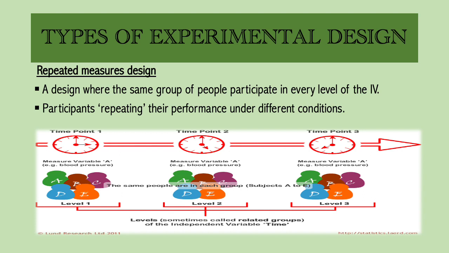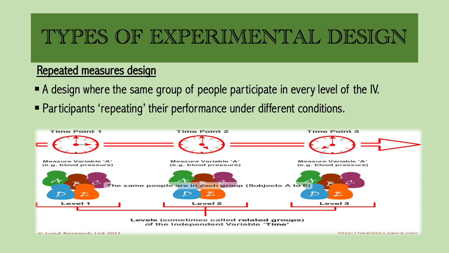Now look at the identity of the participants. Each participant is labeled with a letter: A, B, C, D, E. And if you notice, the time is different. Time point number 1 is 3 o'clock, time point number 2 is 5 o'clock, time point number 3 is 8 o'clock. So the IV has to do with time, okay?